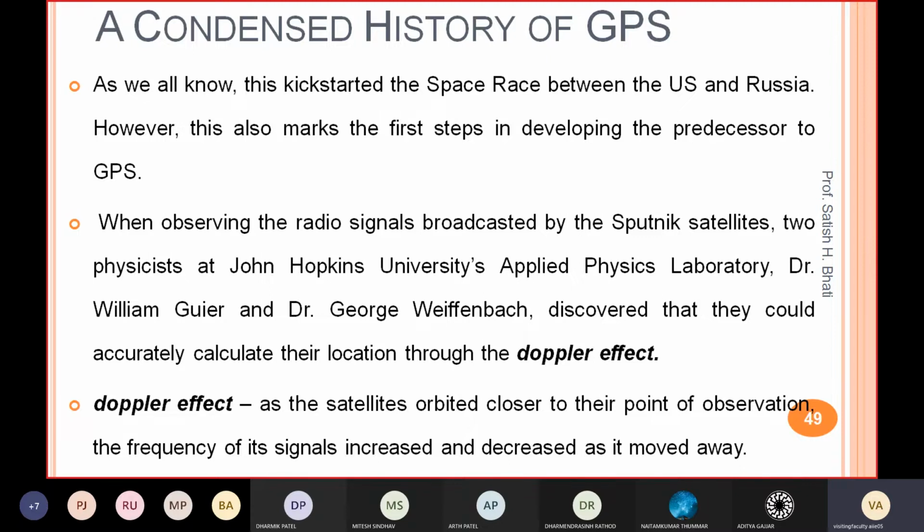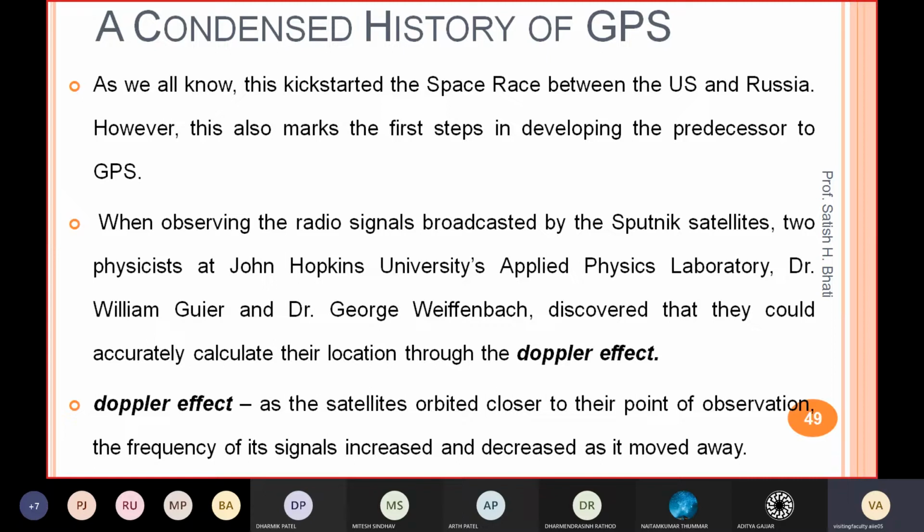So they discovered that they could accurately calculate the satellite's location in its orbit through the Doppler effect, right? So this is one principle, the Doppler effect. Maybe you have heard about this principle in your school physics, right?